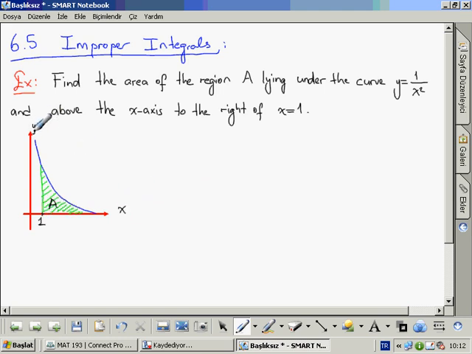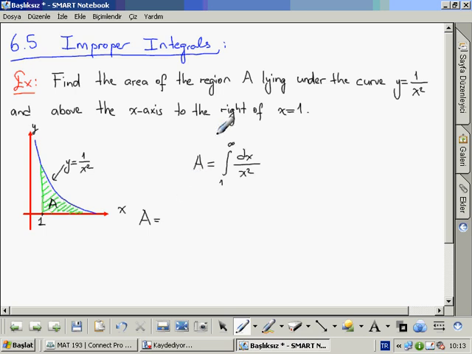X and Y, y equals 1 over x square. And A equals the integral from 1 to infinity of dx over x square. How can we solve this infinite endpoint of the evaluation bar?